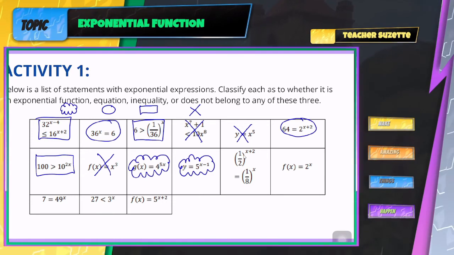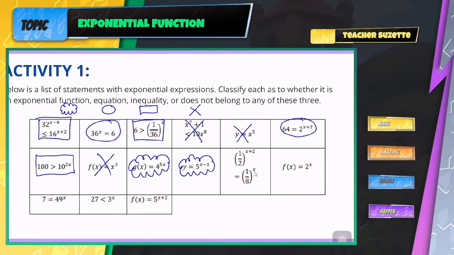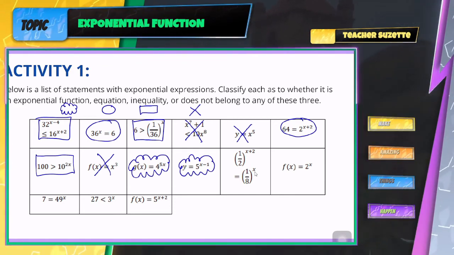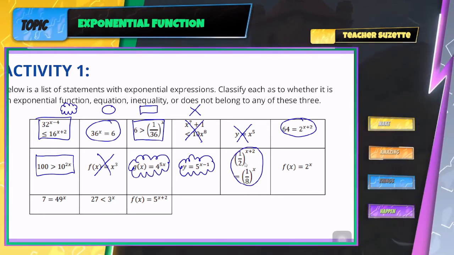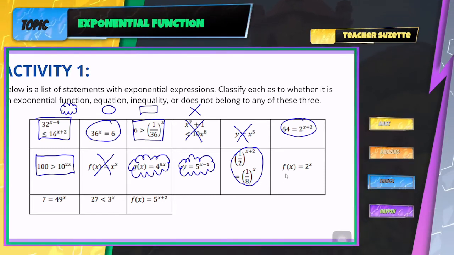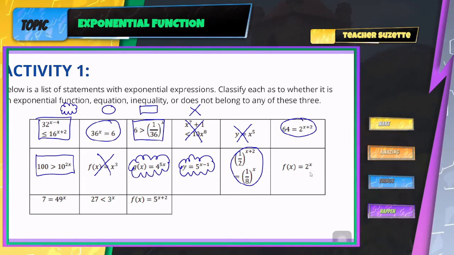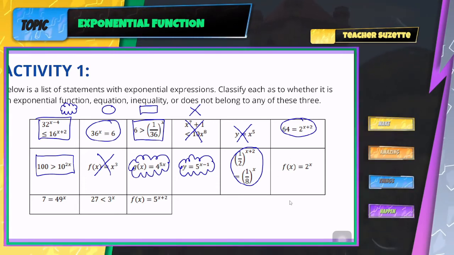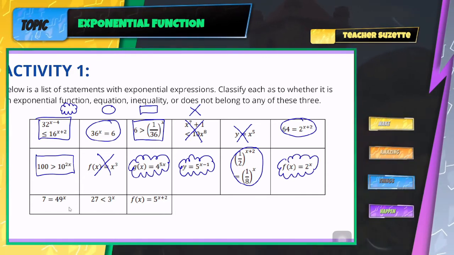Next tayo, 1/2 raised to x plus 2 equal to 1/8 raised to x. So, this is an example of an equation. Kasi both naman po ay between 0 and 1 yung value ng mga bases nila. Next tayo ay f of x is equal to 2 raised to x. So, nakita na natin or na-identify na natin to kanina. So, this is an example of an exponential function. And lastly, last three, you have 7 equal to 49 raised to x.